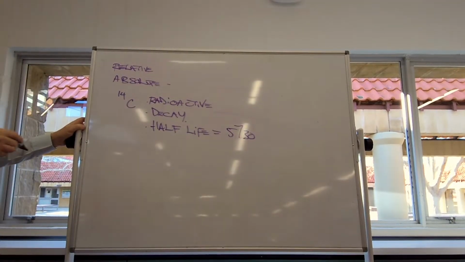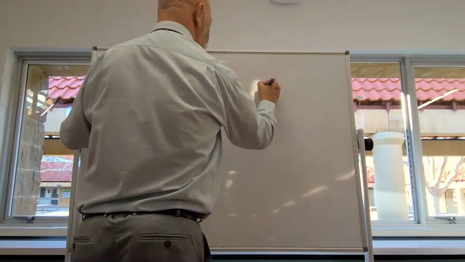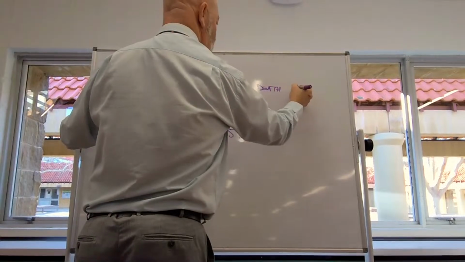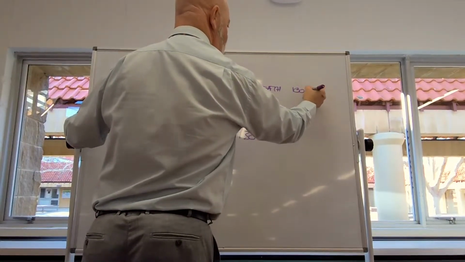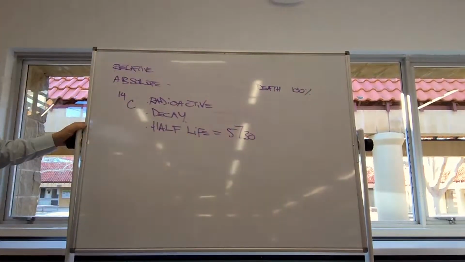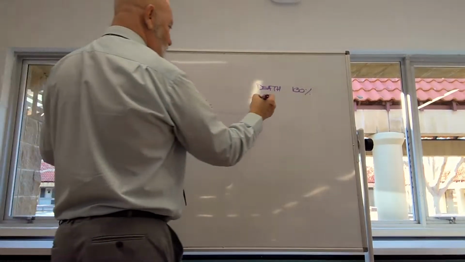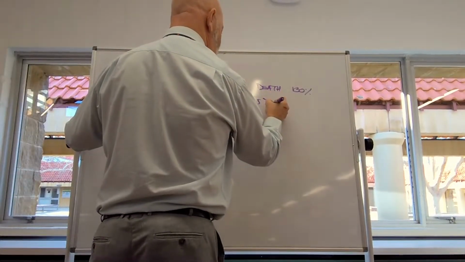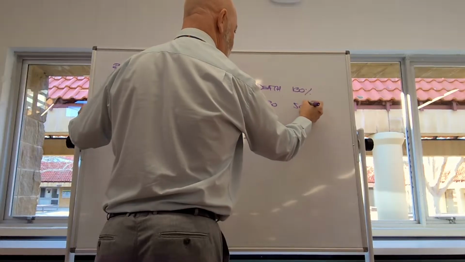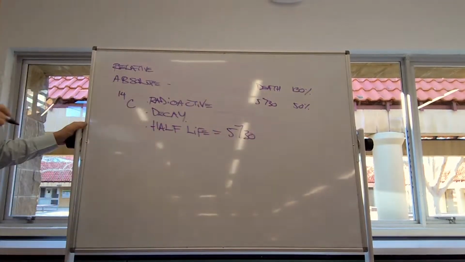That means that at the time of death, you've got 100% of the carbon-14 you're ever going to have. After 5,730 years, you're going to have 50% of your carbon-14 left.